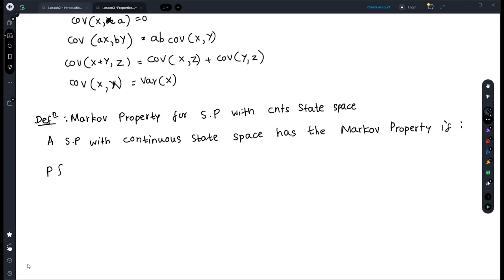So the condition is the probability that Xt is in A.